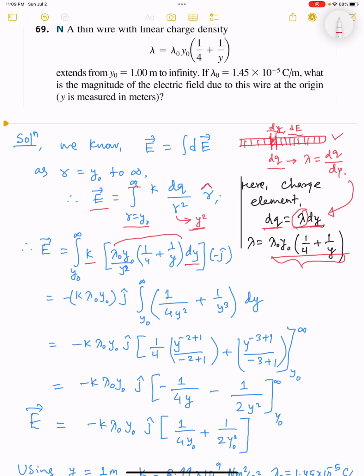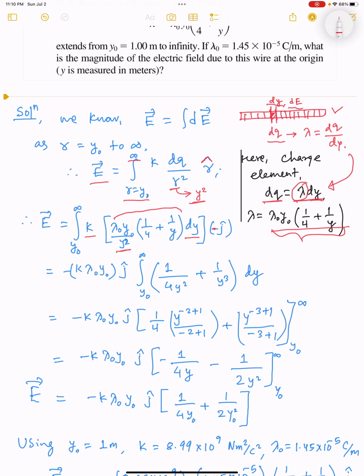All together gives you dq, and r squared is just y squared, and this is the direction of the field, because you have to calculate the magnitude of electric field due to this wire at the origin. So it's directed toward the negative axis. Consider the y-axis, let's say that's j.